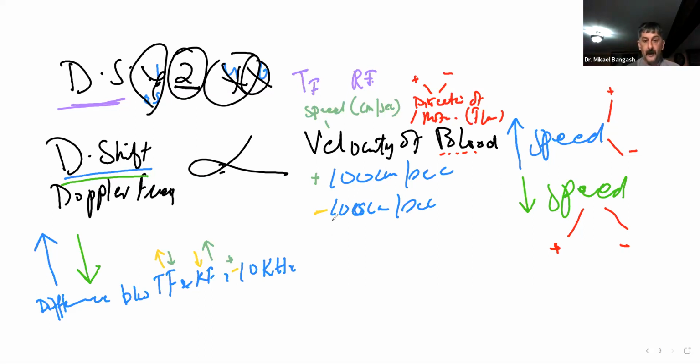But it could still move at 100 centimeters per second and be negative because it moves away from the transducer. How would the system figure that out? Because the reflected frequency was lesser than the transmitted frequency. Did you girls get that?